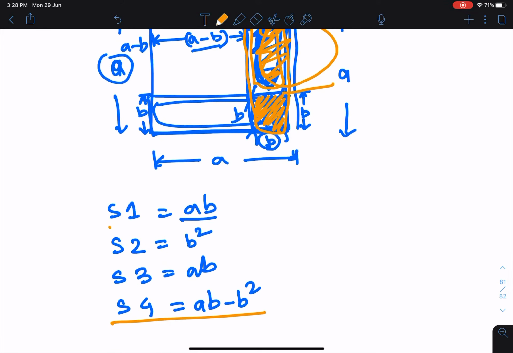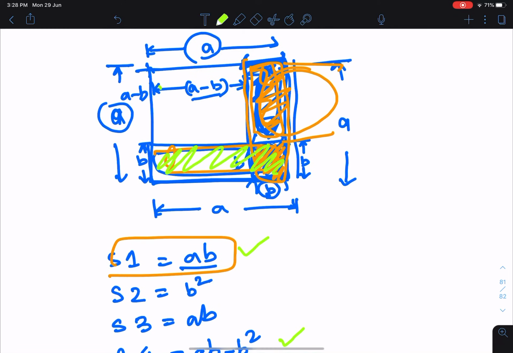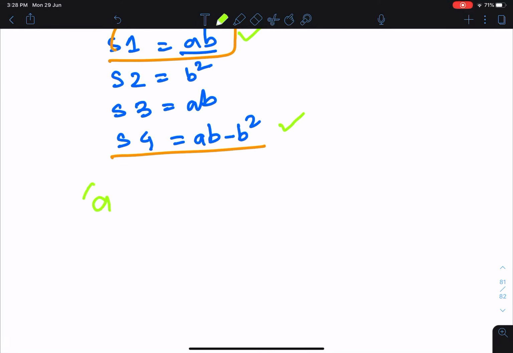And then this S1 is my total this area. Maybe we can change the color. So this total area is my S1. Okay, now what will be the area of this section? This is sure, we know, (a minus b) whole square.